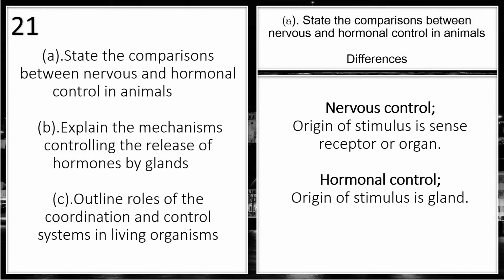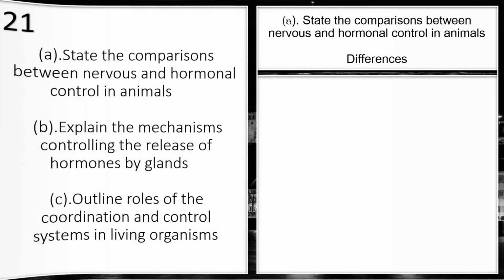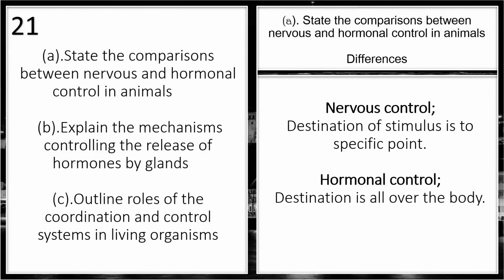Nervous control. Origin of the stimulus is sense receptor or organ. Hormonal control. The origin of the stimulus is gland. Nervous control. Destination of the stimulus is to a specific point.